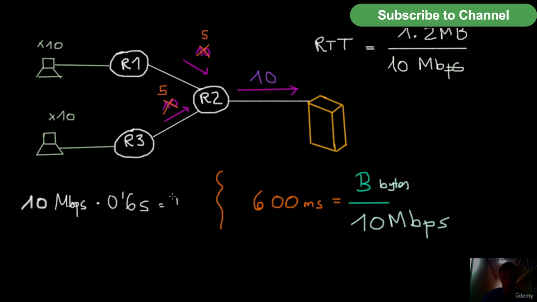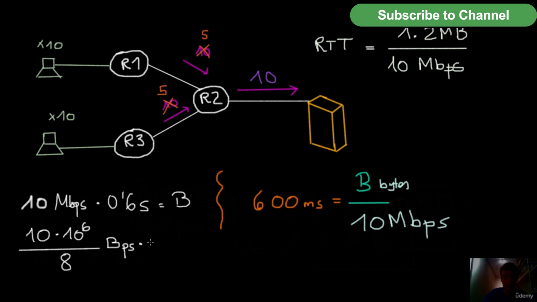This is equal to B. And now we can transform megabits per second to bytes per second. First of all, we multiply 10 by 10 raised to 6. So now, instead of megabits per second, we have bits per second. And if we want bytes, we divide this by 8. So now the unit of this expression is bytes per second.